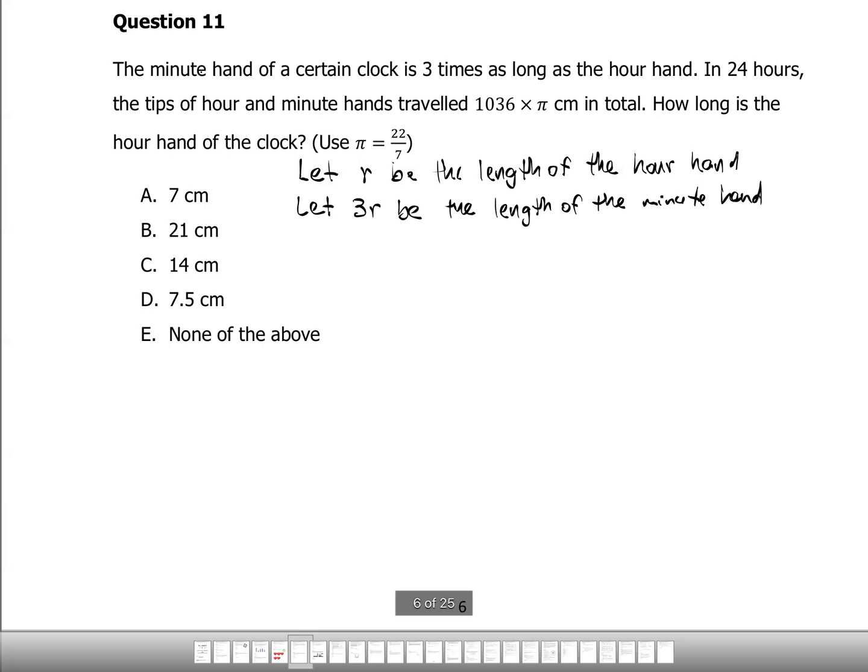So we know that the clock has 12 hours. So in that 12-hour distance, we'll find out how far the hour hand has traveled in 24 hours.